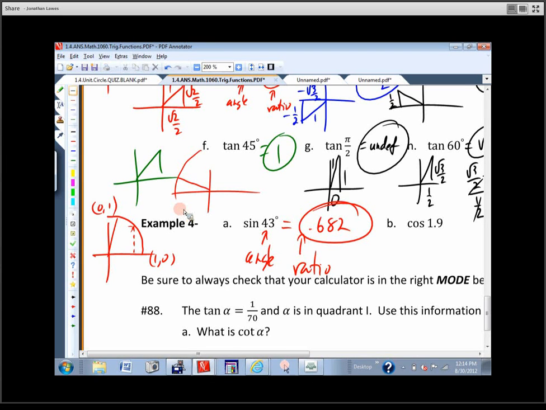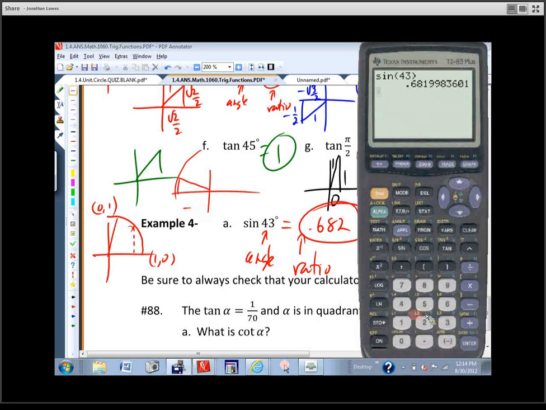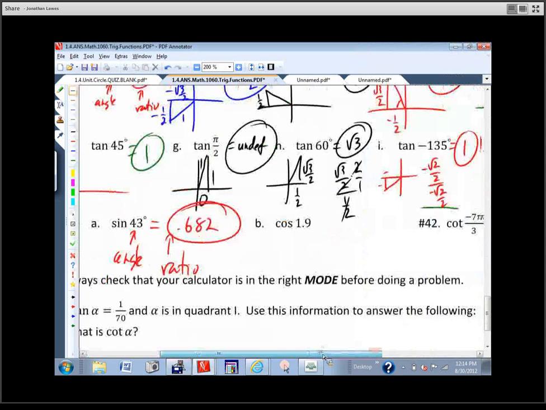What's the first thing I notice about this x-coordinate? You're looking for a negative. So let's throw that in the calculator really quickly. We're looking for a number pretty close to the x-coordinate, -1. So if I did cosine 159, negative, that's pretty close to 1. Got it?